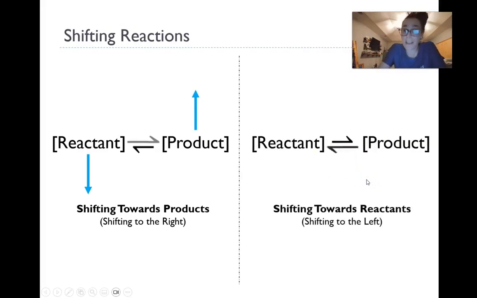If you shift to the left, like for instance, you remove a reactant or you add too much product and the reaction shifts to make more reactant, that's called shifting to the left. And in this case, the bottom arrow will get bigger until equilibrium is reestablished, in which case then they will be the same size again. So basically the size of the arrow is representing if it's going towards one direction more so than the other.